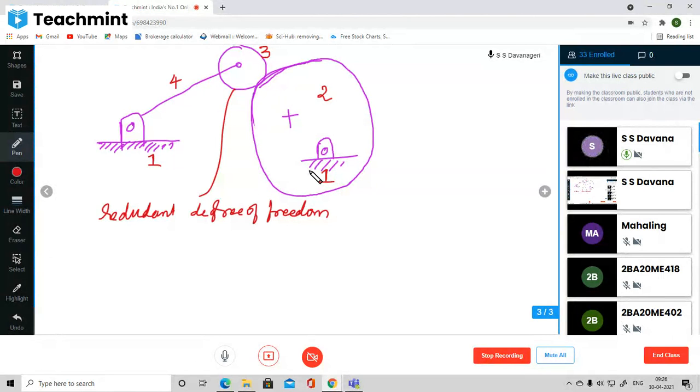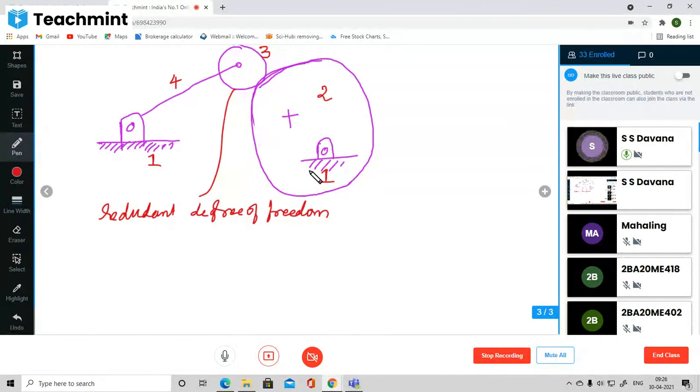So what is a redundant degree of freedom? The motion of an element which does not cause any motion to the rest of the links of the mechanism. Such a link is said to have a redundant degree of freedom.